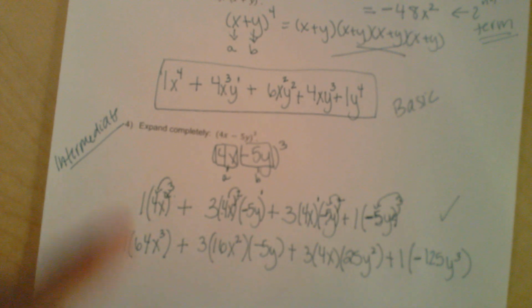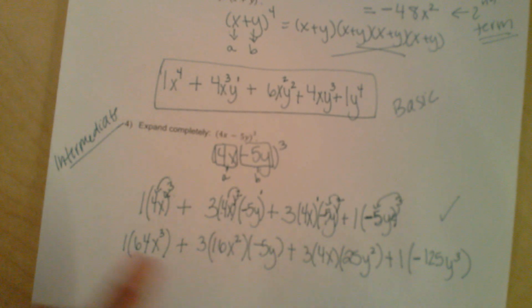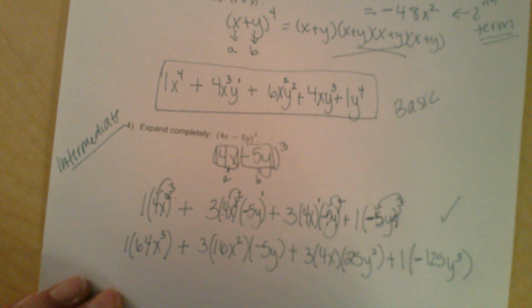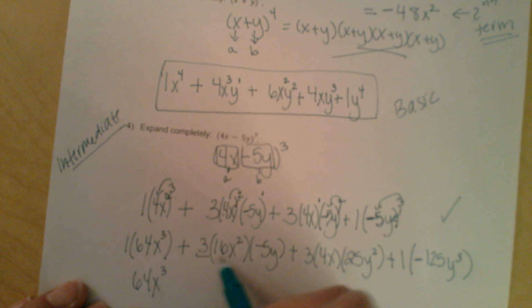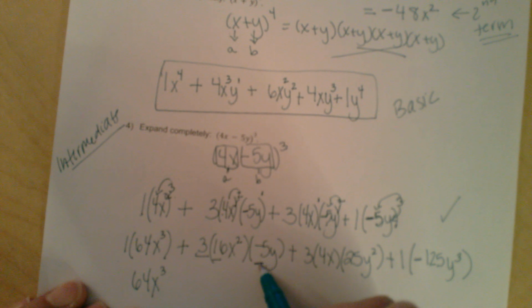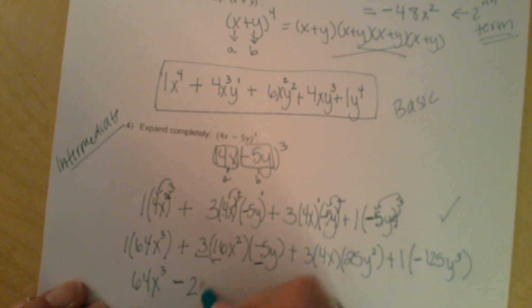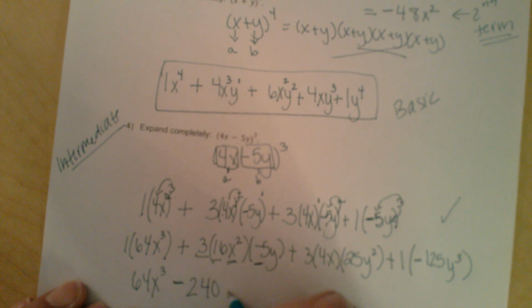So first I took care of all of the exponents and I rewrote it over. Notice I kept those coefficients in front. Now I can just multiply. 1 times 64 is 64x to the third. 3 times 16 times negative 5 gives me a negative 240 x squared y.